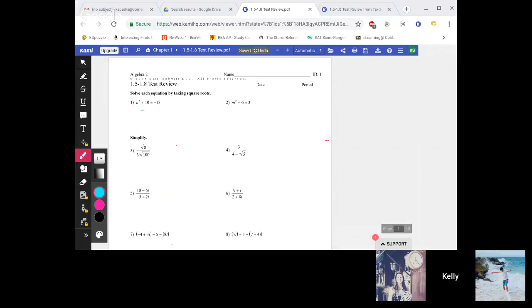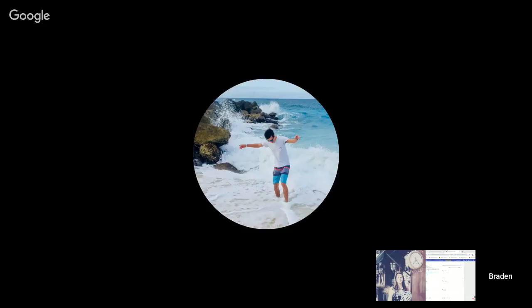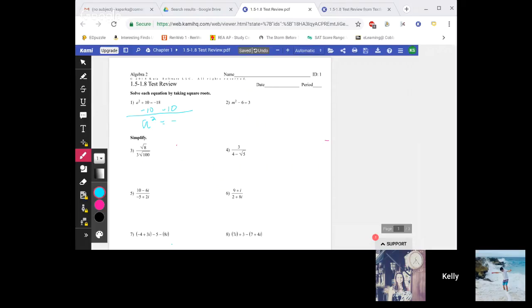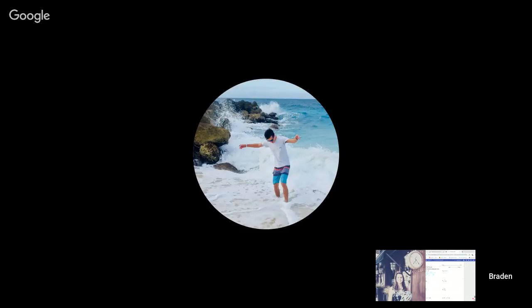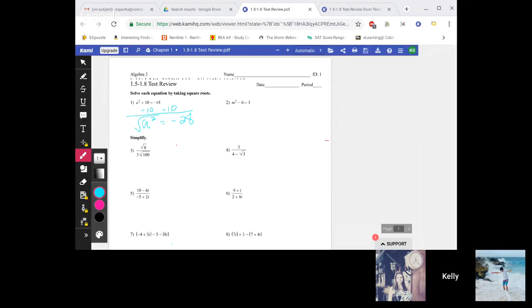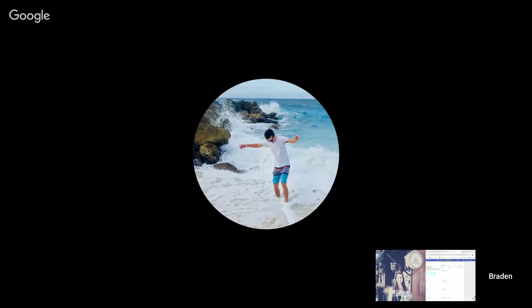Okay, so solve by taking square roots. I'm going to subtract 10 from both sides. So I get a^2 = -28. Take the square root of both sides, and I've got a equals the square root of -28. This is the same as the square root of -1 times 7 times 4.